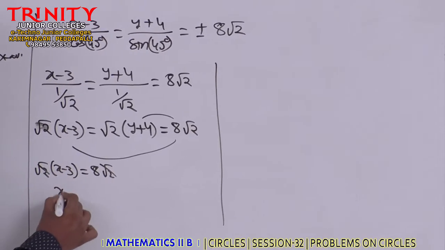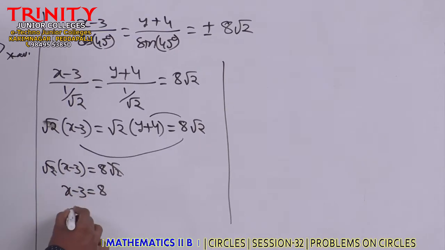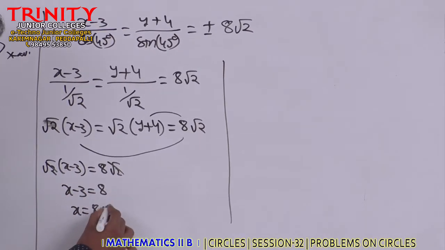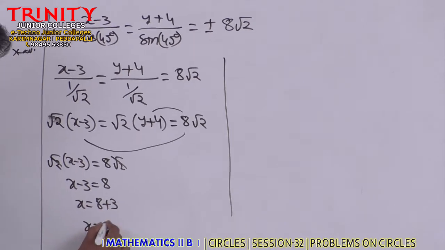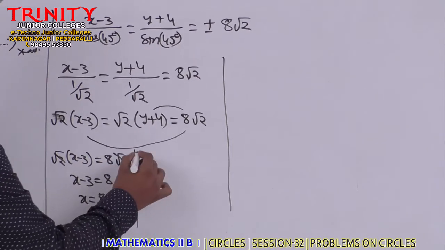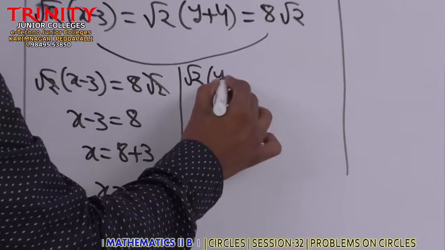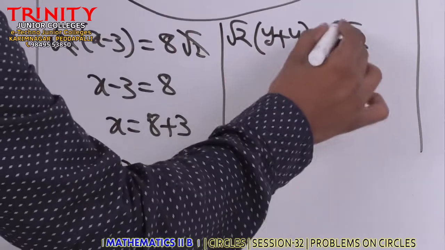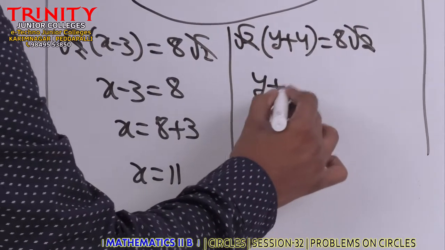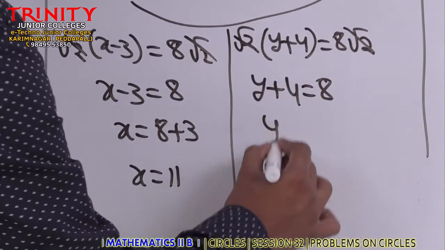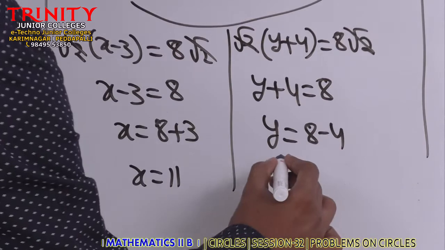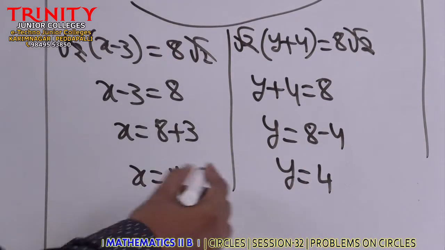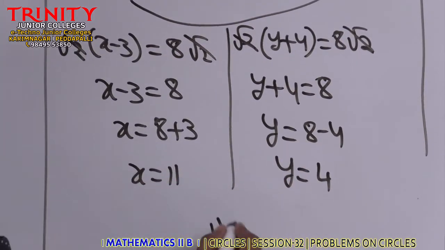Root 2 cancels, x minus 3 equals 8, x equals 8 plus 3, therefore x equals 11. Also root 2 into (y plus 4) equals 8 root 2, root 2 cancels, y plus 4 equals 8, y equals 8 minus 4, y equals 4. Therefore, the first coordinate is (11, 4).